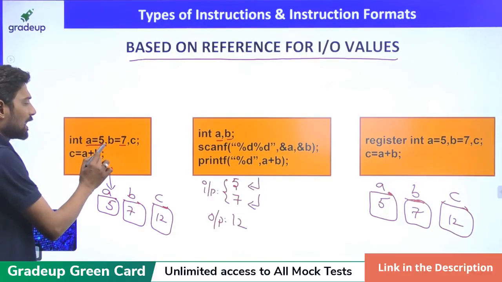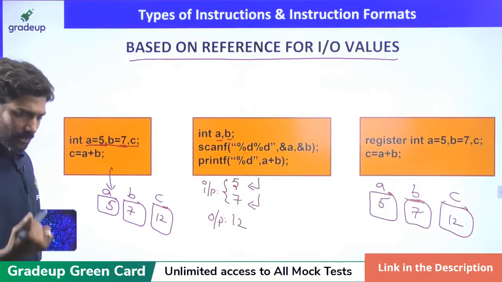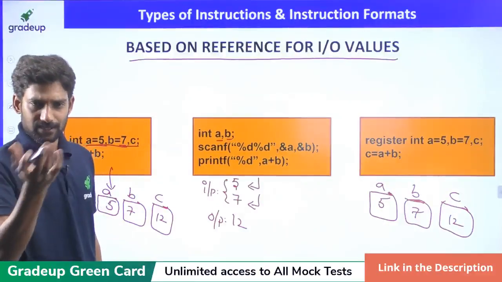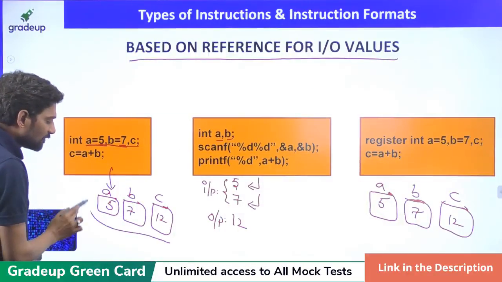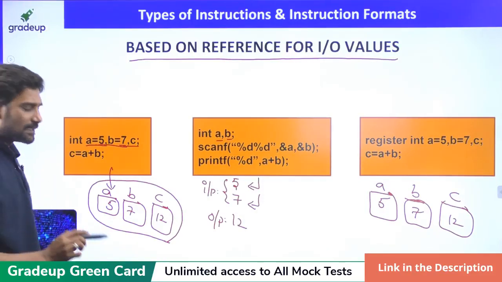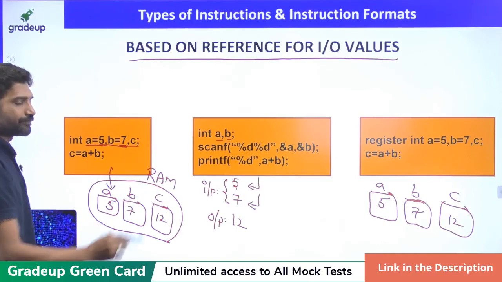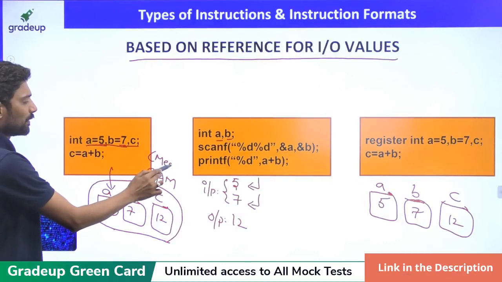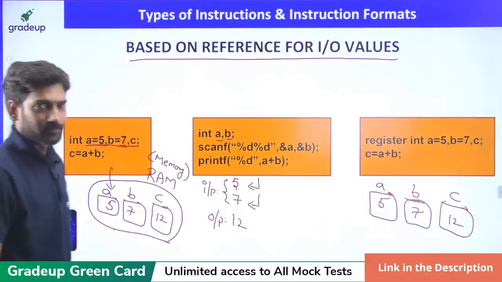Here for A, B and C, whatever memory you imagine, maybe 2 bytes or 4 bytes based on the processor, memory is allocated where? In the RAM. That means 2 bytes or 4 bytes allocated in memory.